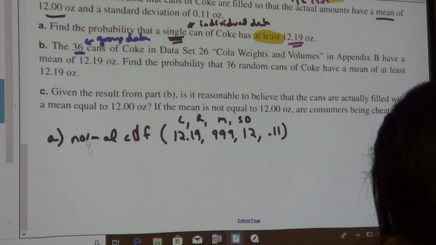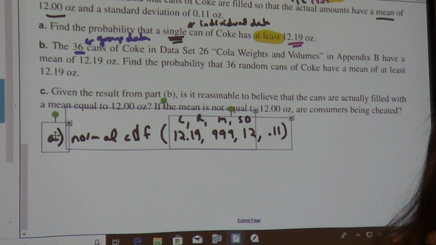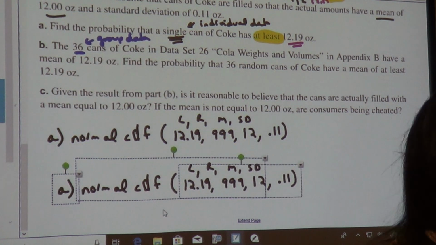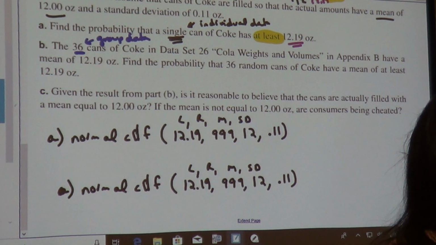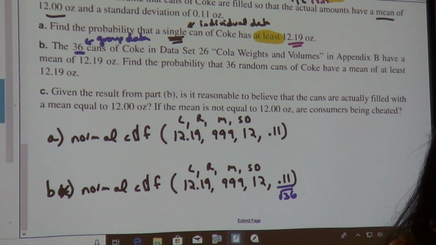So what we're going to do is take this problem, clone, and I'm going to call this part B. Because it's group data, I'm going to divide the last piece by the square root of 36. That is the only difference between individual and group.